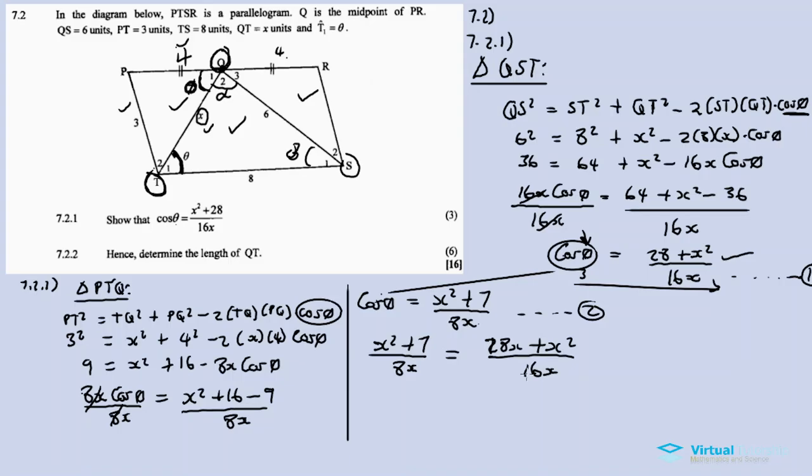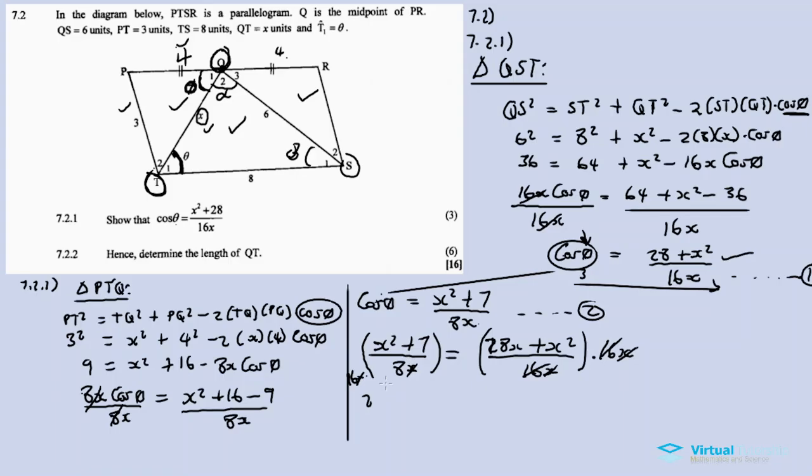Then I simplify. I see that my LCD is 16x, so I multiply by 16 on both sides. The x cancels with the x, and on the other side I multiply by 16, the x cancels with the x, and I am left with 16. 16 divided by 8 is 2.